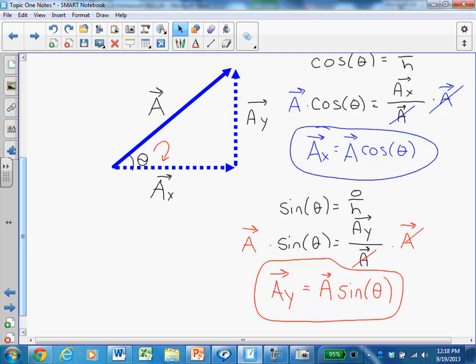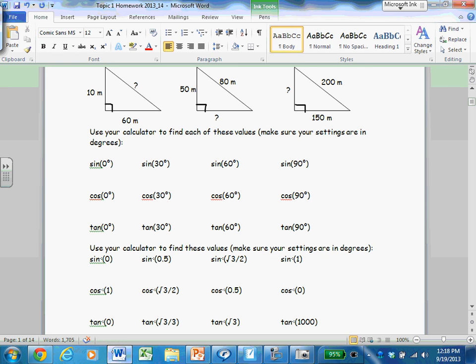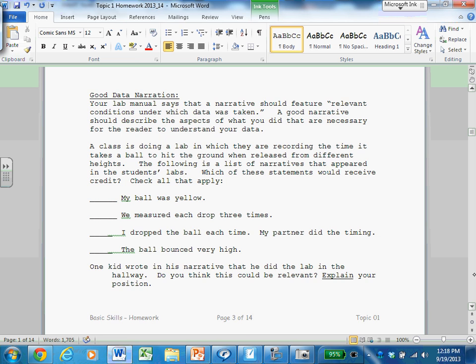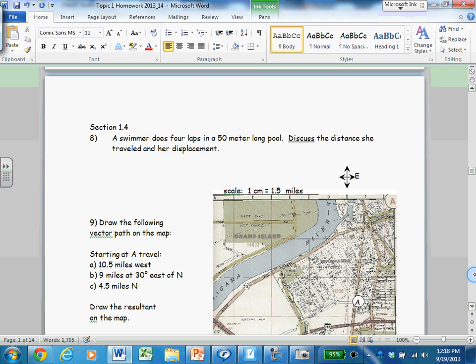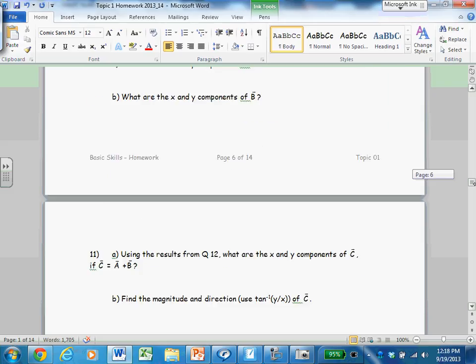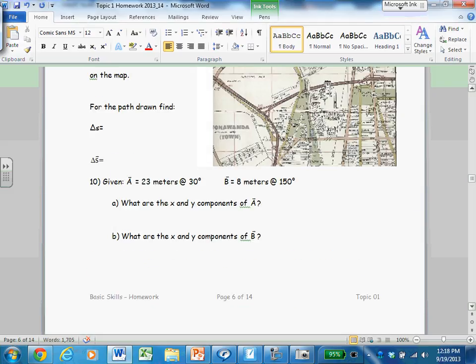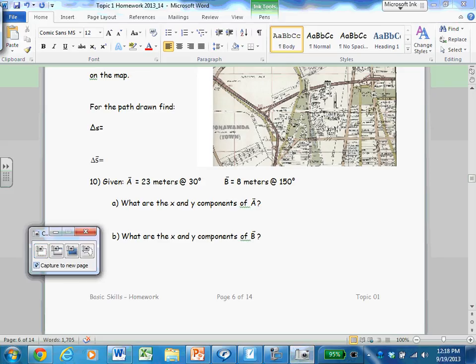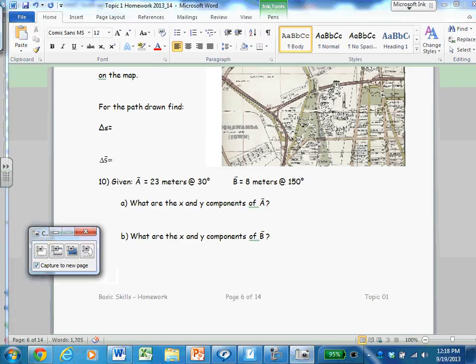Let's look at a problem. On page 6 of 14, number 10.